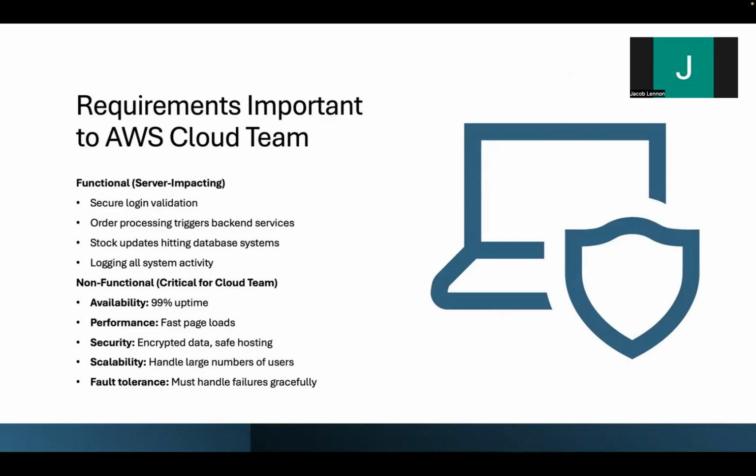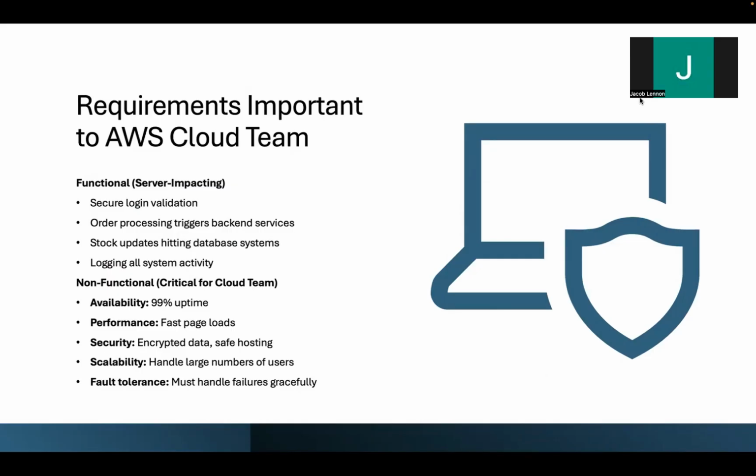The SRS contains a lot of requirements, but these are ones I thought were especially important for the cloud operations team. Functional requirements, we have secure login, order processing, and updates to the stock, as well as logging every action that takes place. These rely on more back-end services that it'd be the cloud team's job to keep running.